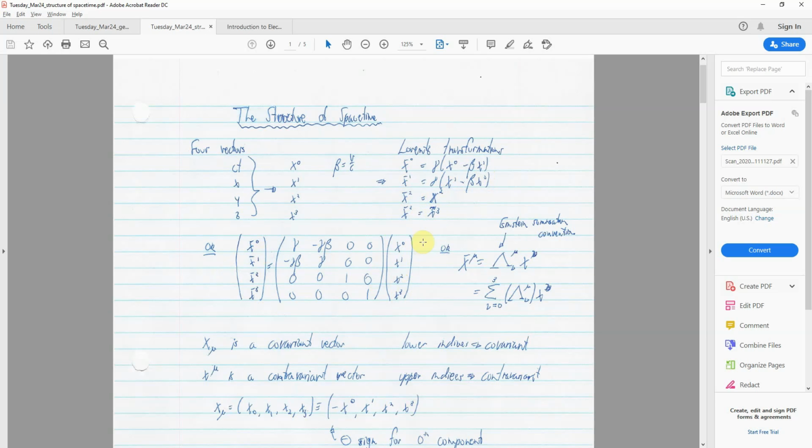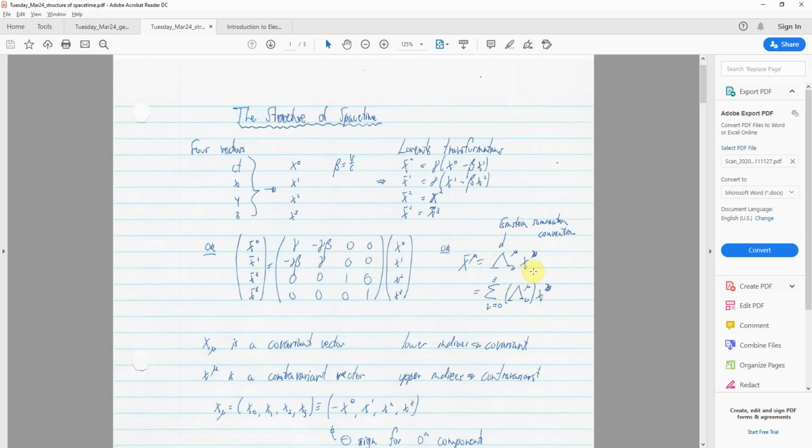So again, we can put this into a transformation matrix where we have x bar 0, 1, 2, and 3 transformed from x 0, 1, 2, and 3 by the Lorentz transformation matrix that we saw previously. This can also be written more compactly by the Einstein summation convention, which is summing from the 0th index to the 3rd index through the Lorentz transformation over this four vector.